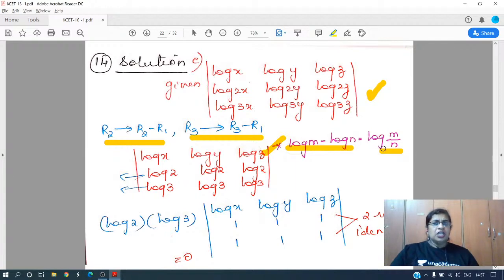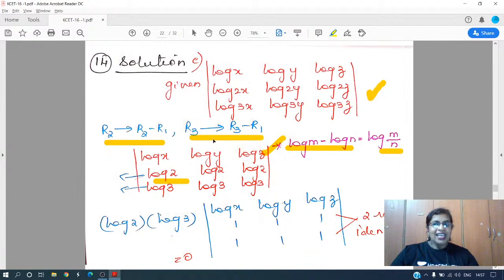So what is R2? R2 is telling you R2 minus R1. So that is log 2x minus log x. Use the property. Log 2x minus log x is nothing but log of 2x by x. Are x and x getting cancelled there? Yes. So what remained is log 2.